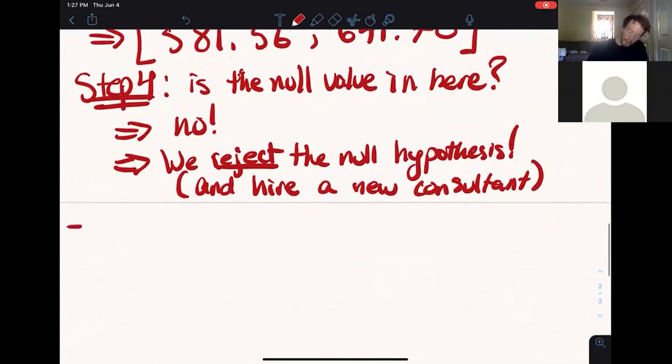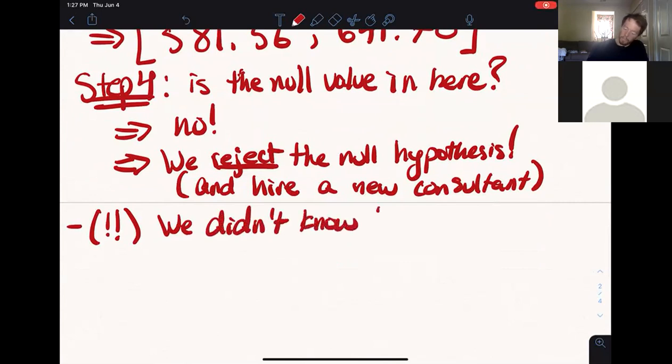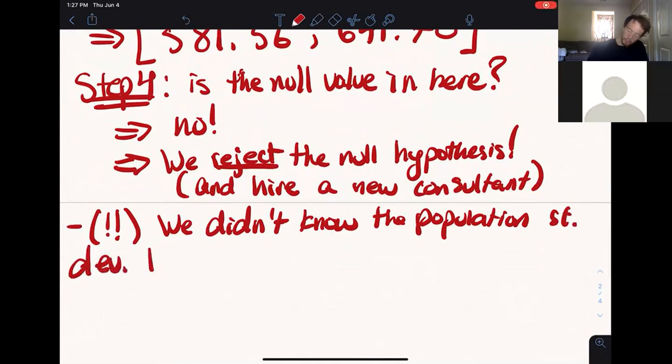So let us go back to the major note I made at the beginning, which is we didn't know. So we were able to do our whole process, but we didn't know the population standard deviation here.